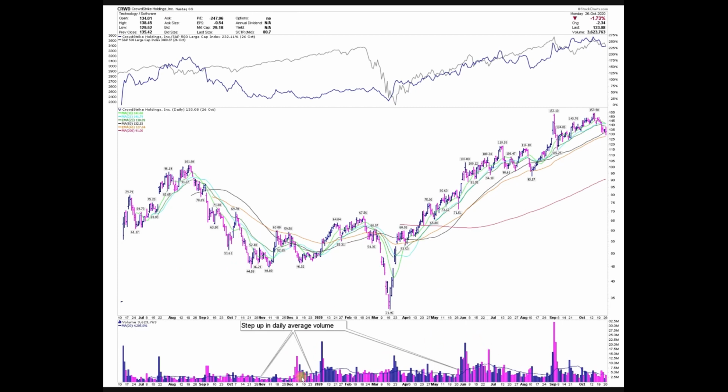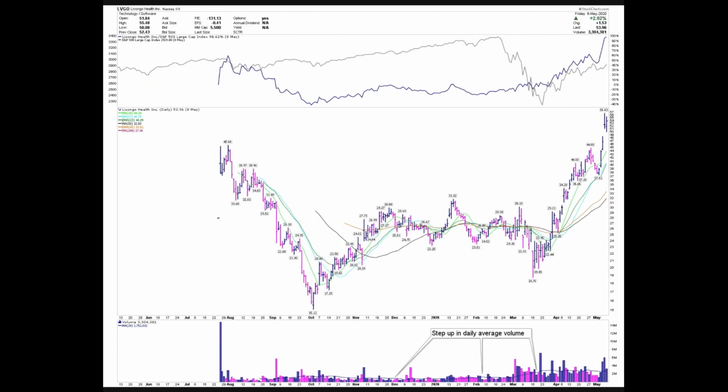CrowdStrike had similar characteristics, and the same thing with LVGO if we compare the volume from December to February to March on an average basis. Again, the point of emphasis is this is not a buy signal. We must keep the market trend in mind, and it's just a characteristic to be spotting on the charts.